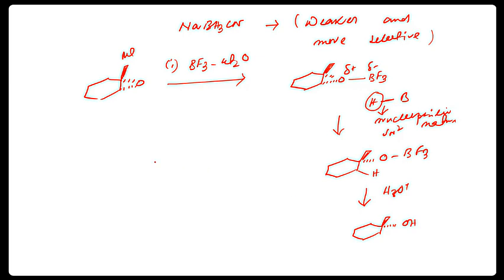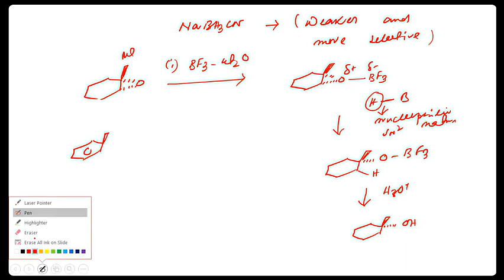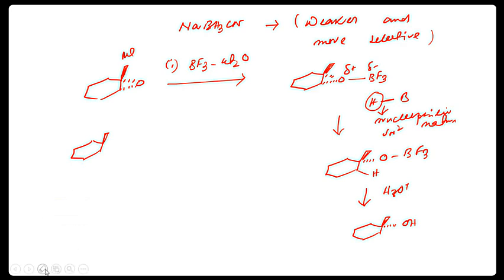Now remember what we did. If we had the same epoxides and treated them with BH3, just a couple of slides before, after some workup we had hydrogen here and OH here.